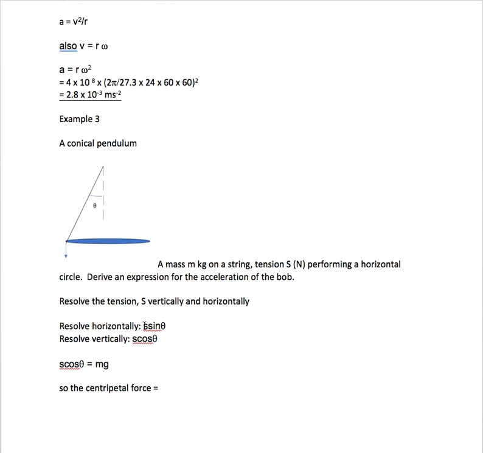Which is S sine theta. Which therefore equals mv squared over r.